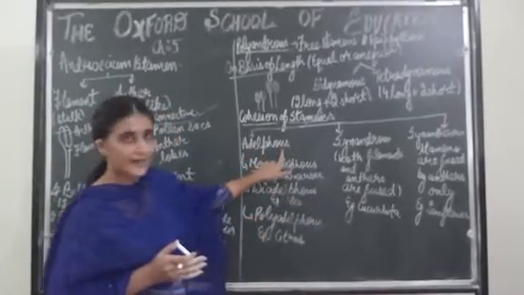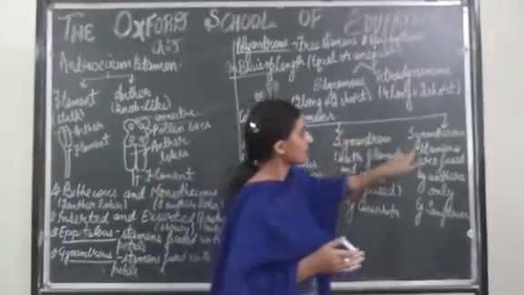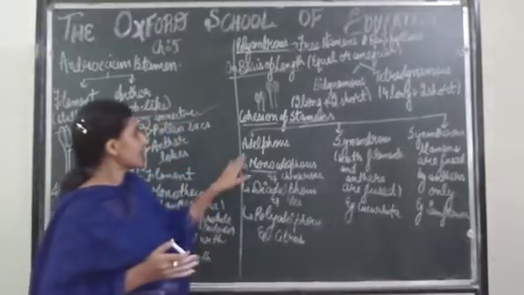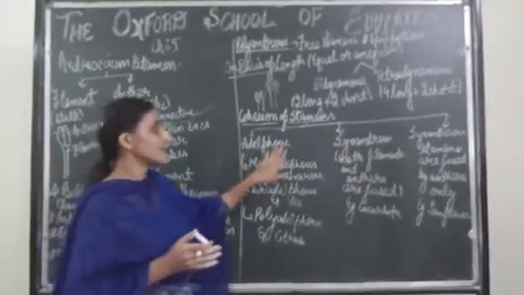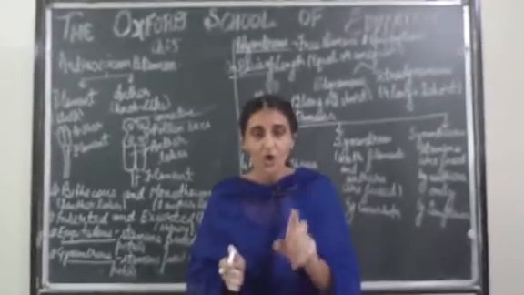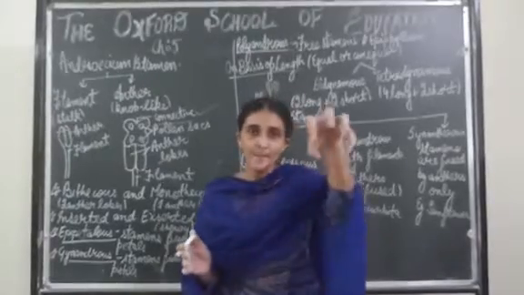First is adelphous, second is synandrous, third is synanthrous. Let's start with the first category, that is adelphous. Adelphous simply means the stamens are found in one group, or in two groups, or in many groups.